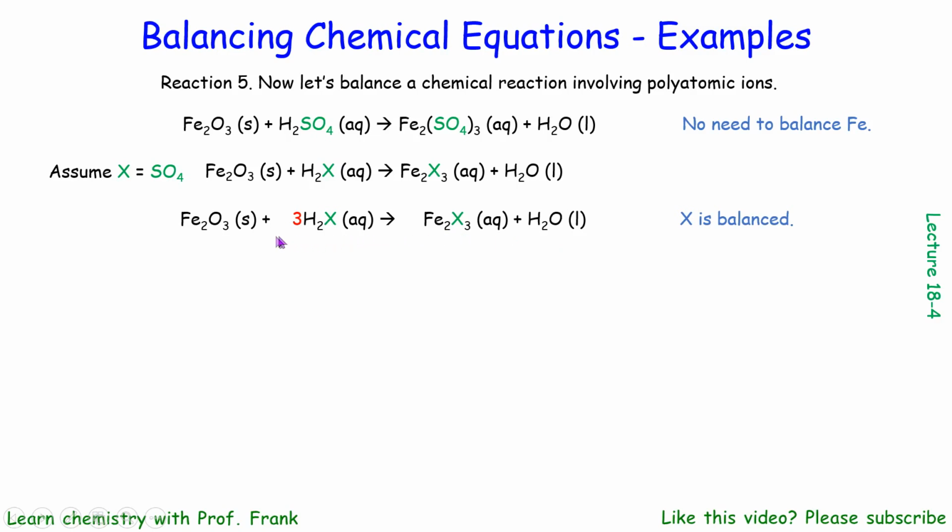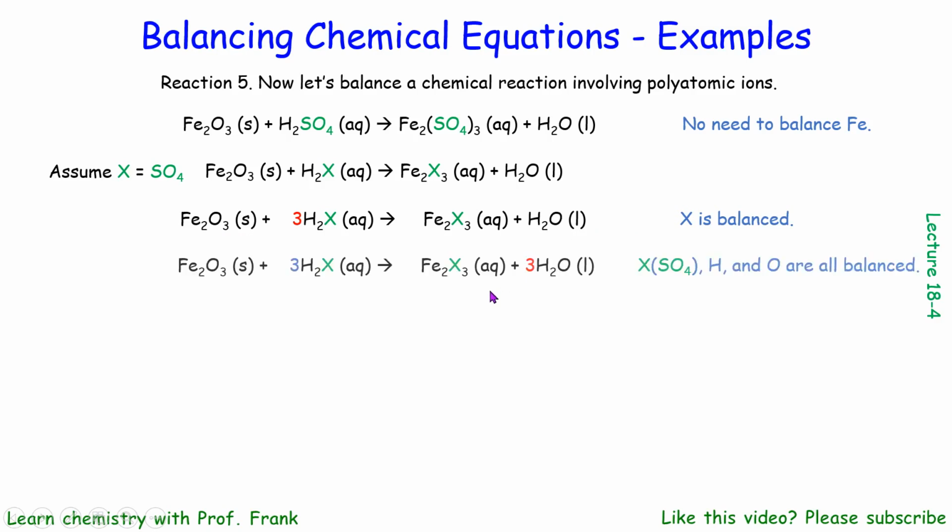But let's take a look at oxygen now. We have 3 oxygen on the left-hand side, and only 1 oxygen on the right-hand side. So we need to change the coefficient for water from 1 to 3 on the right-hand side.